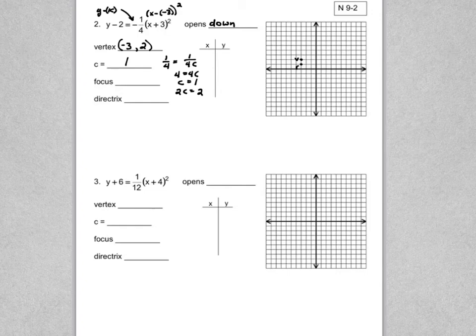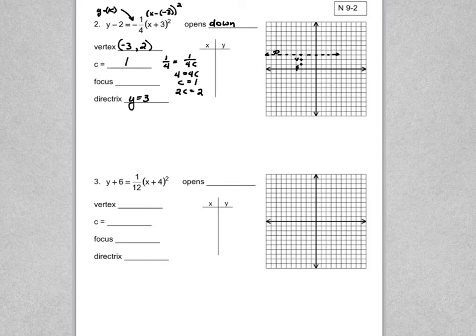So this is our focus. And the directrix is above the vertex, a line going through the space one place above the vertex. So this is our directrix. The equation of the directrix is y equals 1, 2, 3. So for our directrix, we have y equals 3.